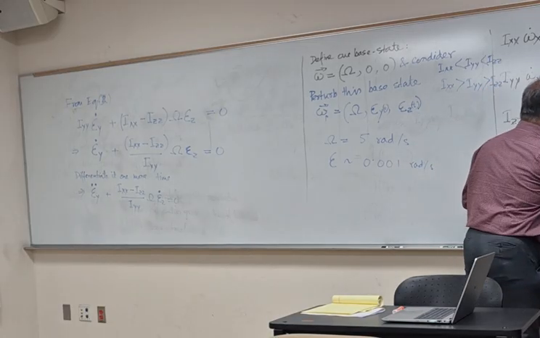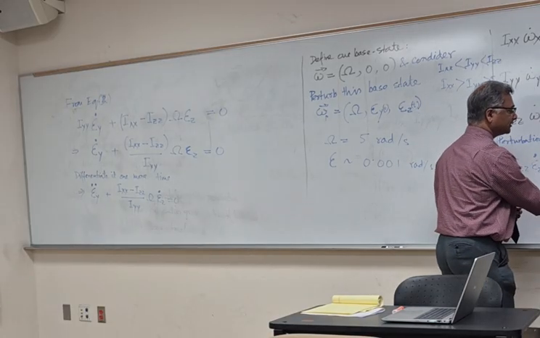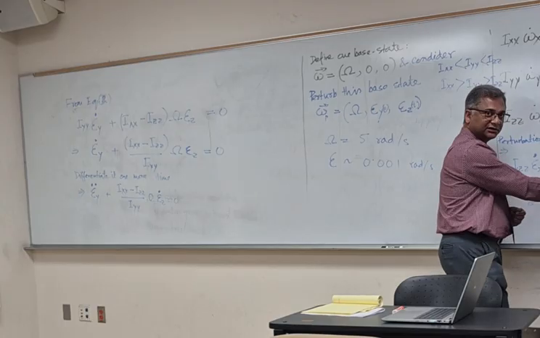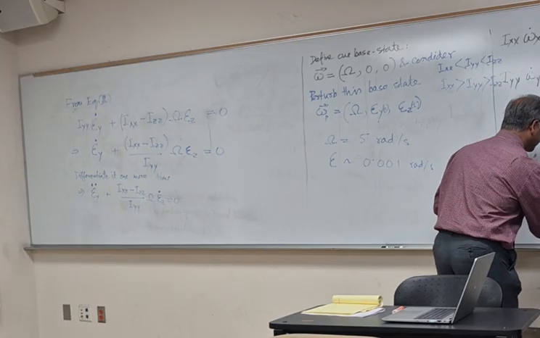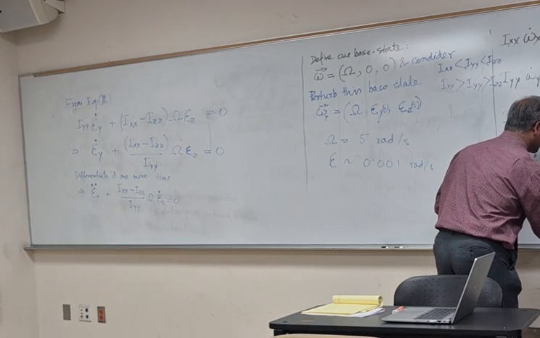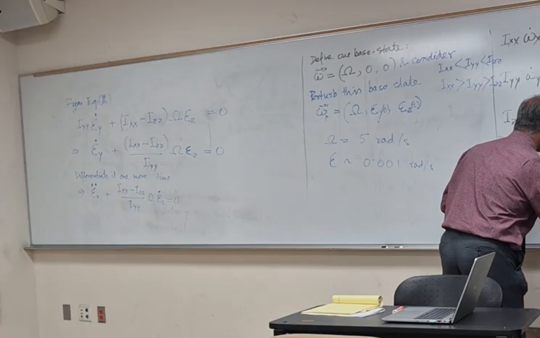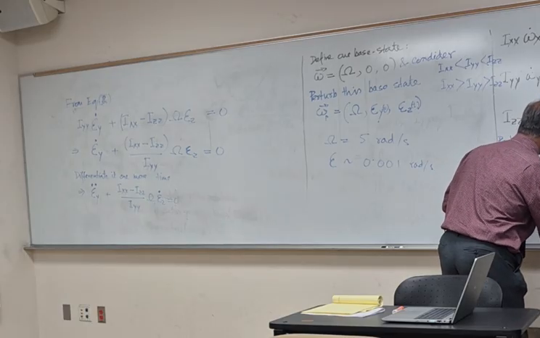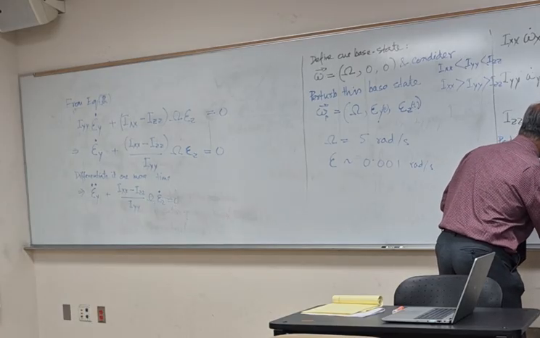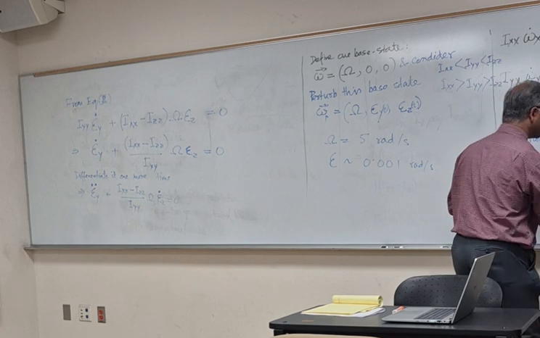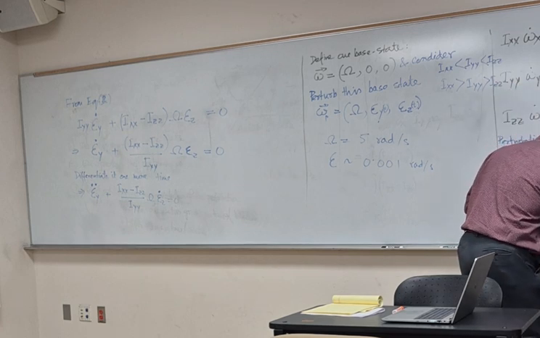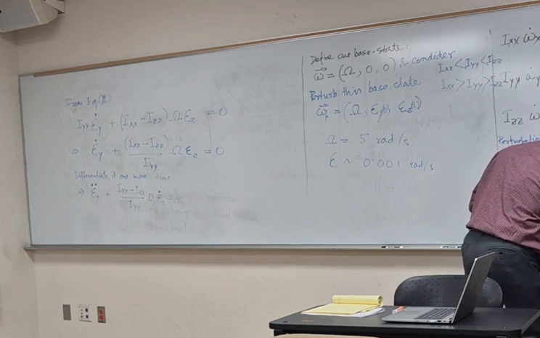When I bring it to the right hand side, I can switch the terms because I'm multiplying by minus 1. So I get (Ixx minus Iyy) divided by Izz, multiplied by Omega epsilon y.